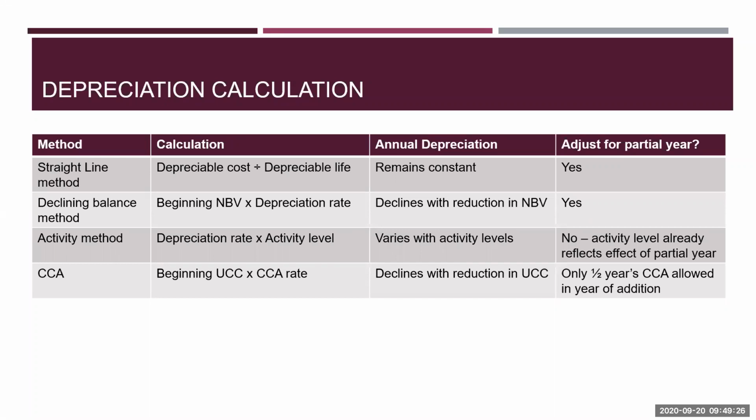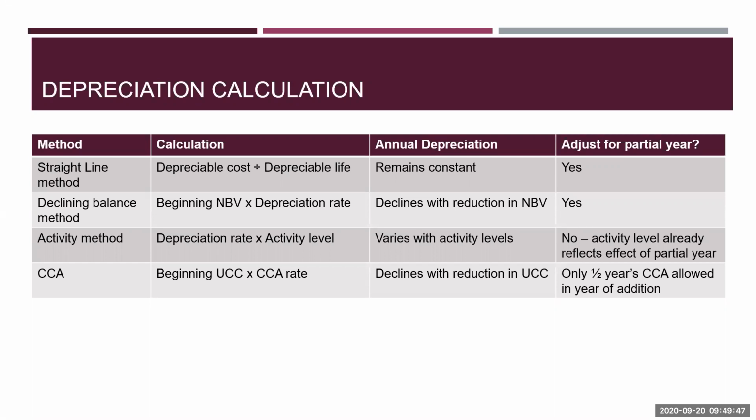Your CCA, capital cost allowance, is something used by the Canada Revenue Agency. So they look at the beginning UCC, which is the undepreciated capital cost, and multiply that with the CCA rate, which is your capital cost allowance rate. The CCA rate, technically speaking, depends on the type of asset that we have.